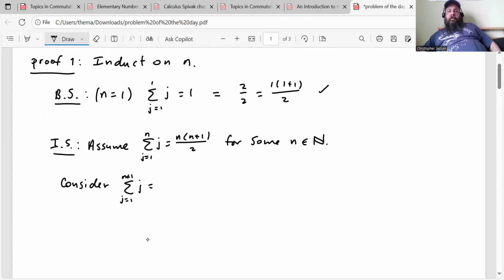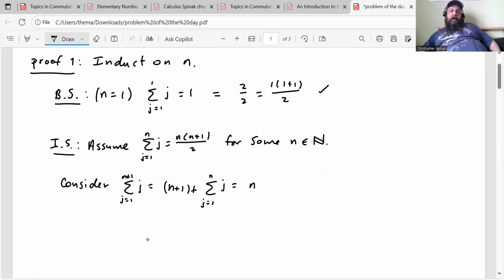Now I don't want to assume that it's equal to n plus 1 times n plus 2 over 2. That would be circular. So I want to use the inductive hypothesis to prove that the truth of the proposition propagates through the successor function, right? So this is equal to n plus 1 plus the sum j equal 1 to n of j.